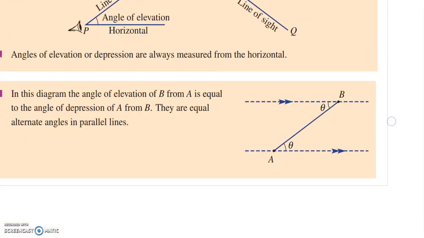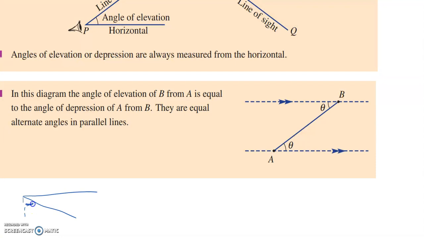A very important thing is that sometimes you're given an angle which is actually not an angle of elevation or not an angle of depression. The angle that you might be given would be that angle.